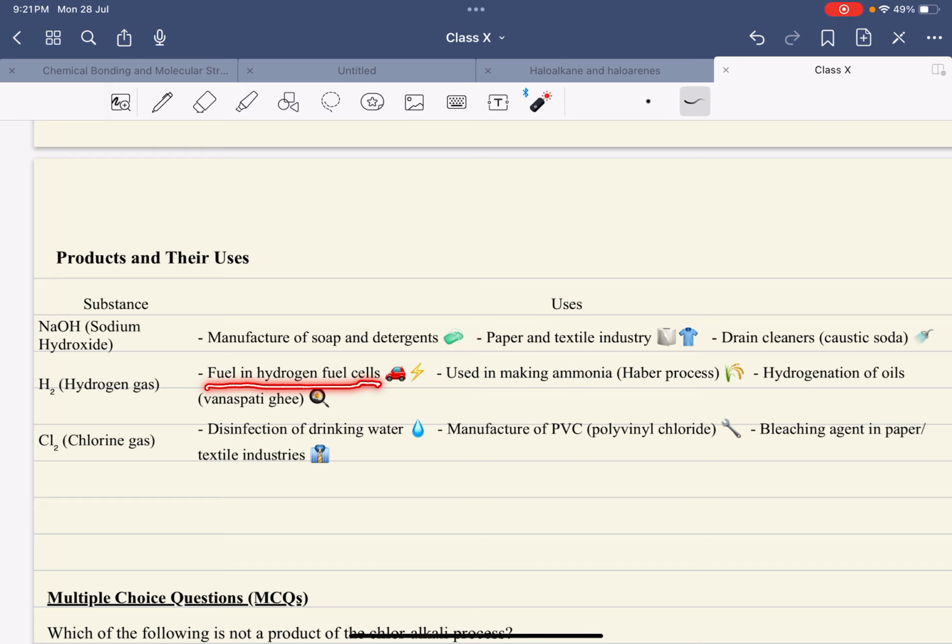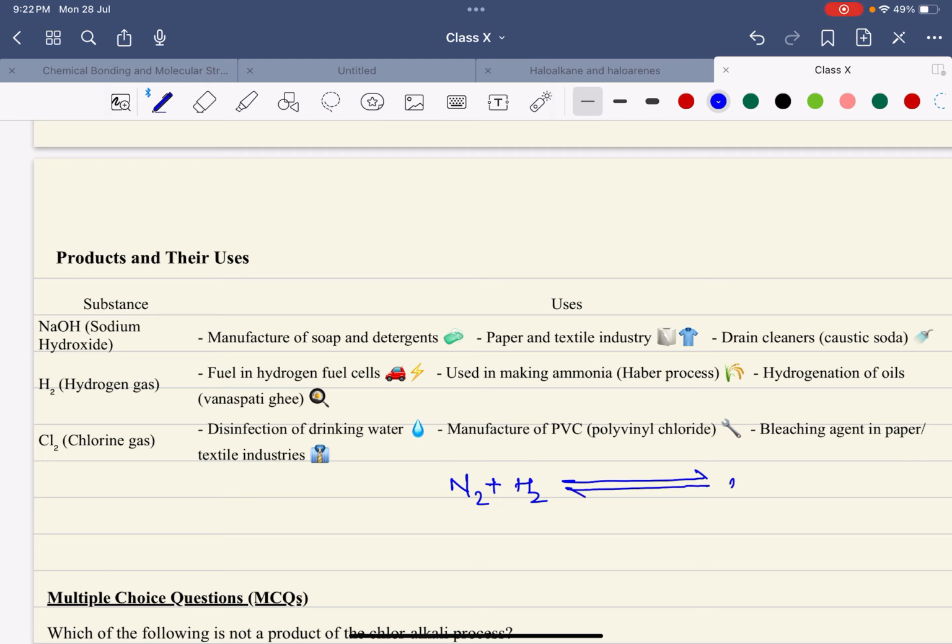hydrogen economy, fuel cell, and used in making ammonia by Haber's process. Haber's process is basically nitrogen combines with hydrogen and gives ammonia, NH3.